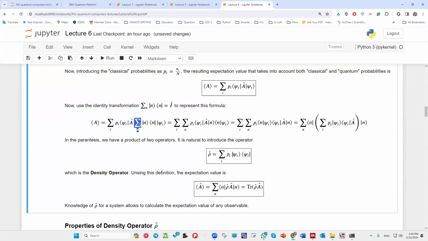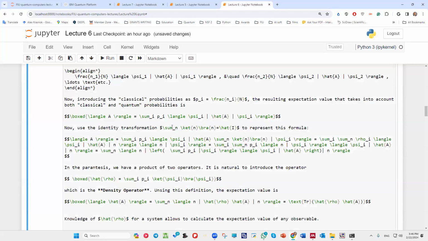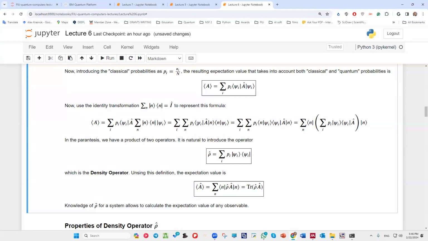So I can take this summation sign out of this expression and put it in front here, and this is what I have left. So this is p sub i. Sorry, I don't know why it's written as rho. It should be p of i.